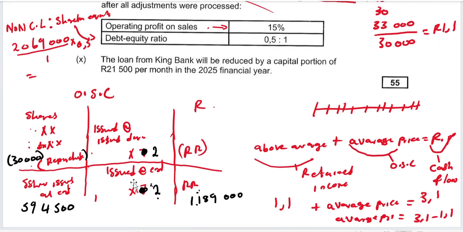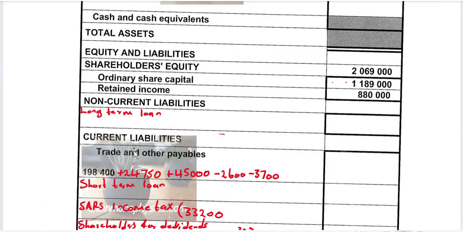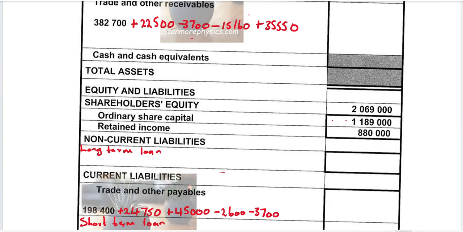I'm going to show the workings here, maybe we will earn part marks. Non-current liability: 2,069,123 multiplied by 0.5, and then divided by 1, but it's the same, because when divided by 1 nothing changes. Then you will find 1,034,500.